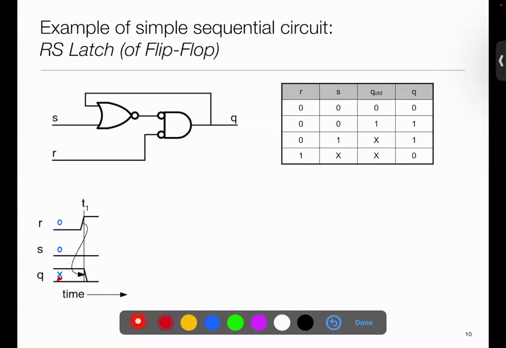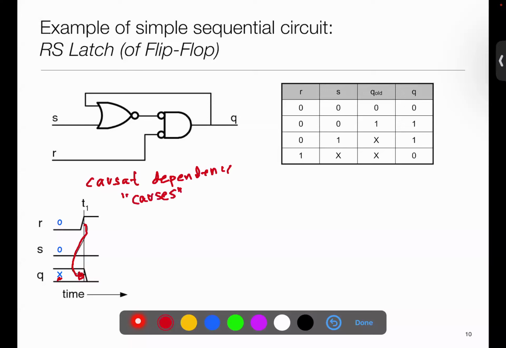There will always be some circuit delays. This arrow that you are seeing out here is basically indicating causality. Causal dependence. In other words, we are saying it causes.